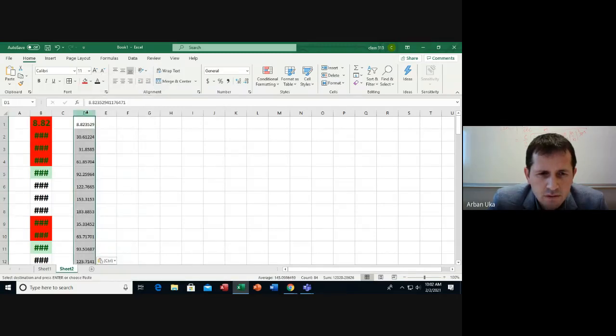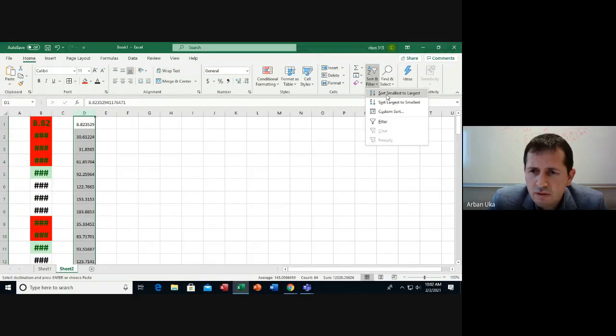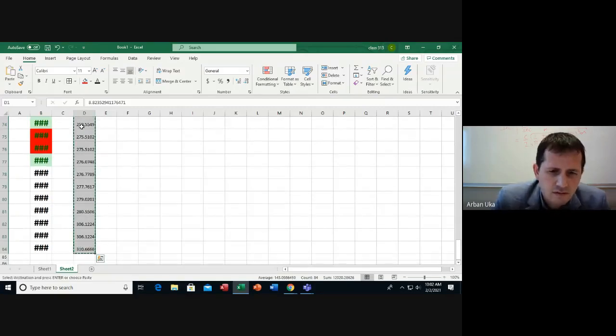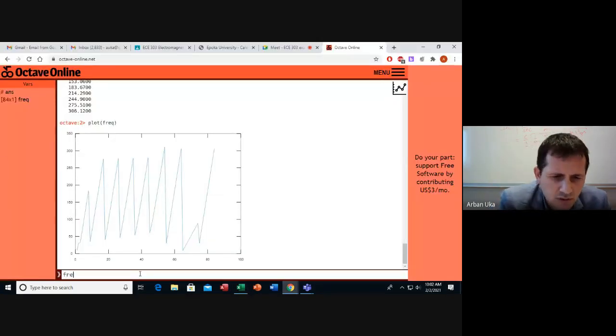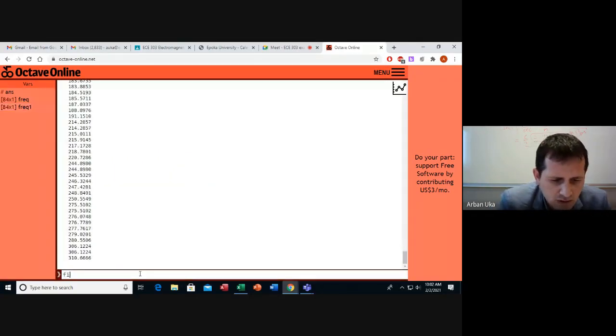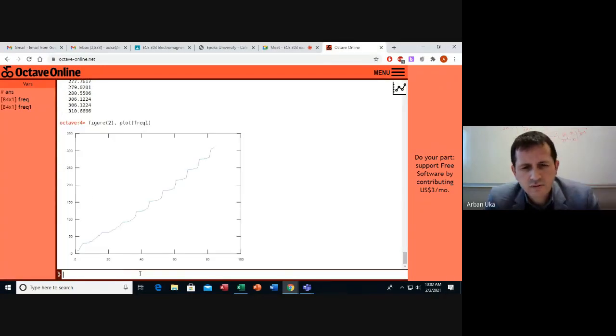You want to use the values, and we want to sort smallest to largest. Okay. So this is smallest to largest. We can call it frequency 1. This is equal to these values. We can say figure 2, plot frequency 1.